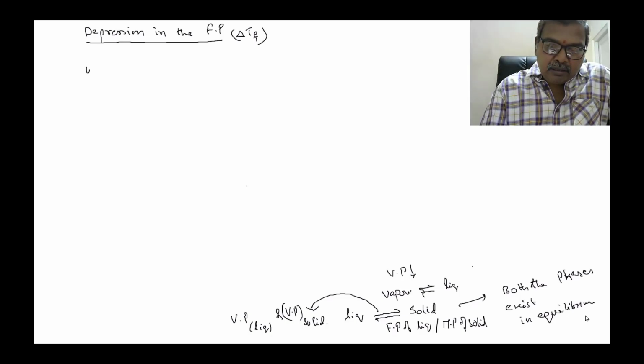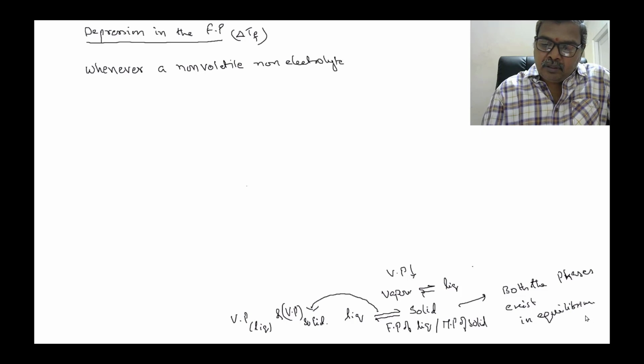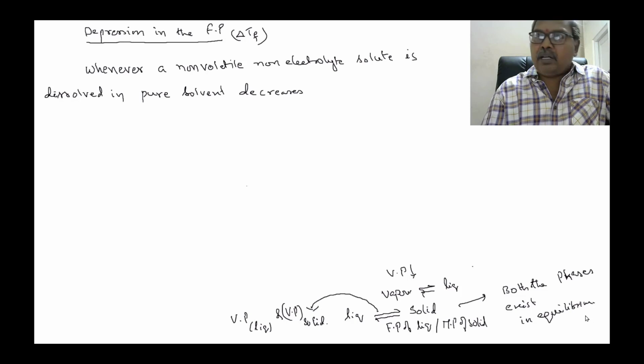So whenever a non-volatile, non-electrolyte solute is dissolved in pure solvent, its vapor pressure decreases.